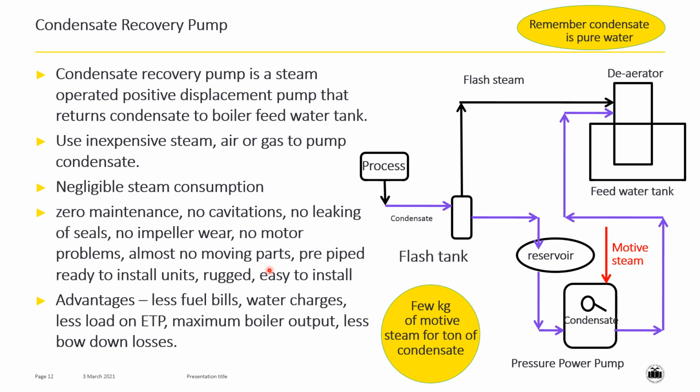Apart from that, there are certain advantages like less fuel bills, less water charges as pure condensate is already available to you, less load on ETP plant because you need not purify the water in larger amount, maximum boiler output, less blowdown losses because condensate is pure.